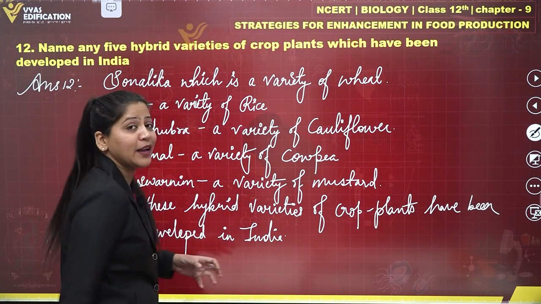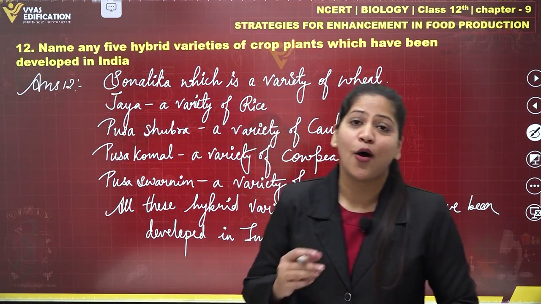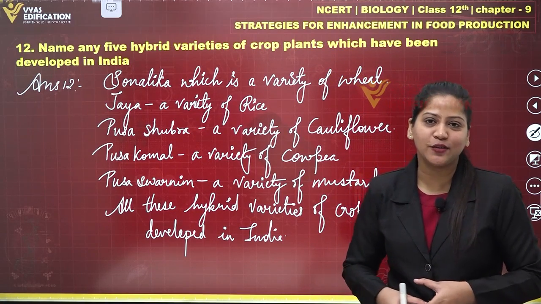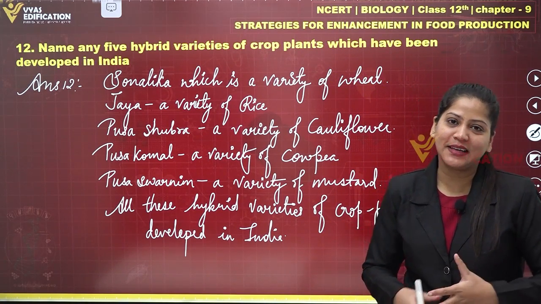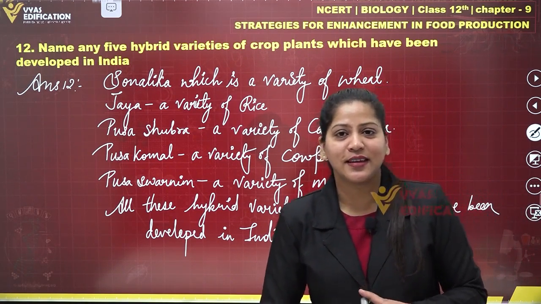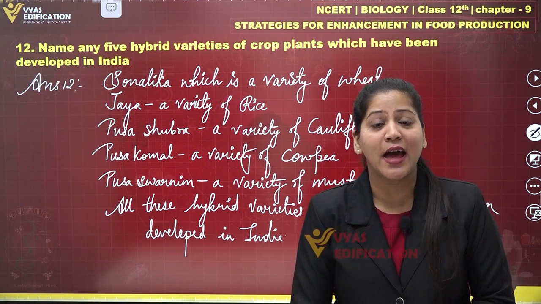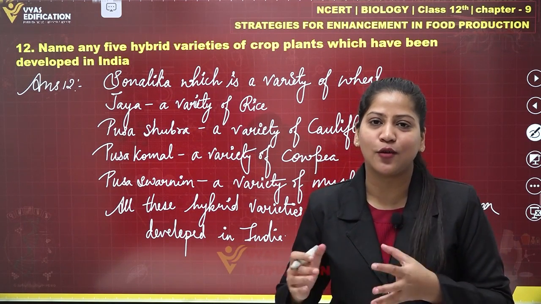Right, so these are the hybrid varieties of crop plants which we have developed in India only. So this is the complete solution of question number 12, and with this we have completed this whole session.